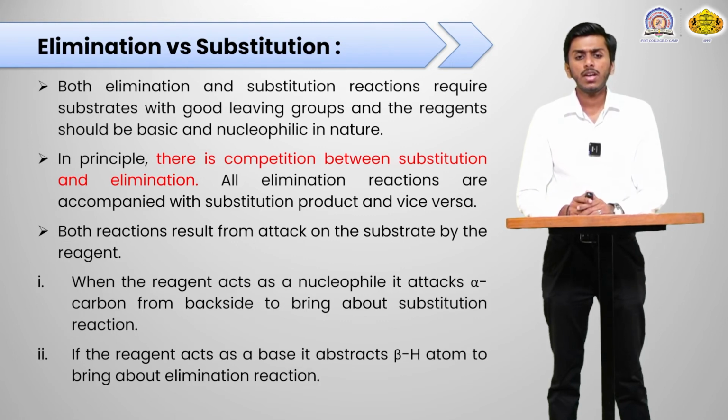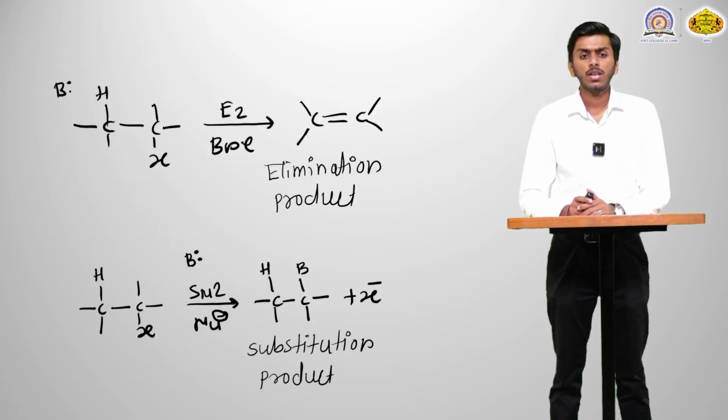First, when the reagent acts as a nucleophile, it attacks the alpha carbon atom from the backside to bring about substitution reaction. Second, if the reagent acts as a base, it abstracts a beta hydrogen atom to bring about elimination reaction. Here the first case is the elimination reaction, with an alkene as the product, and the second case is an example of substitution reaction.